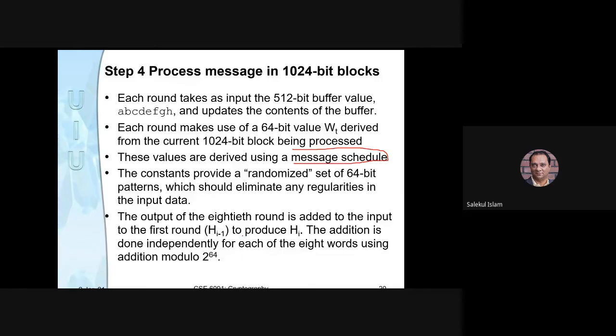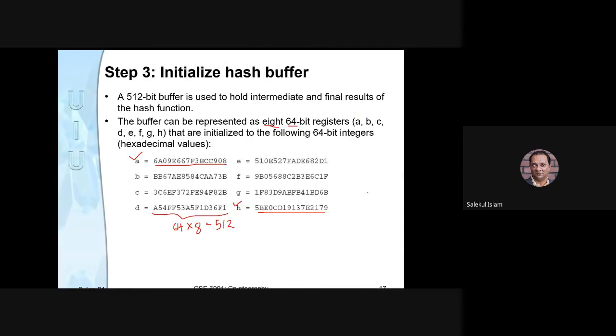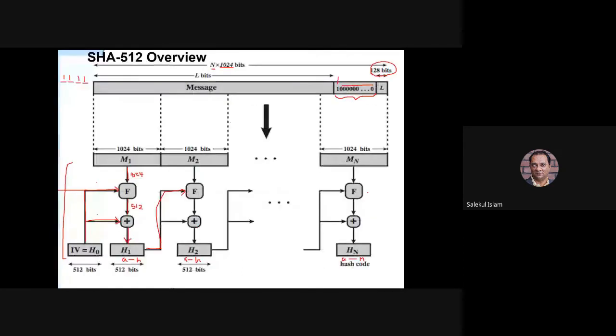What they are saying is that this final output will go to the next block processing. Here H1 is the output, so we are using this for the processing of the next block.